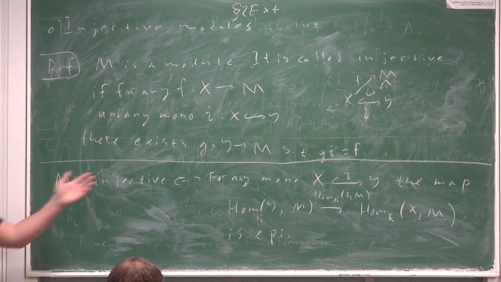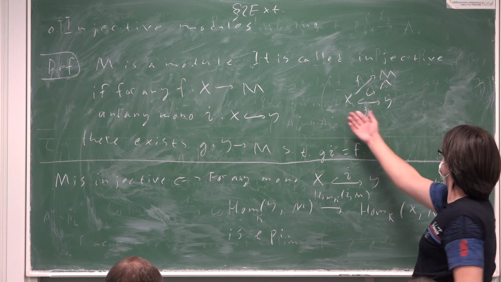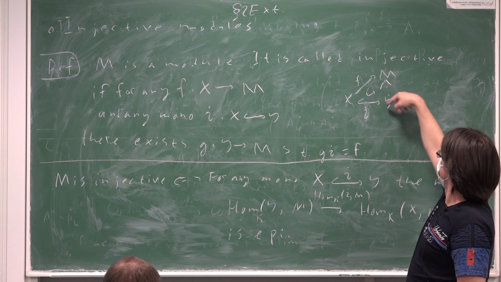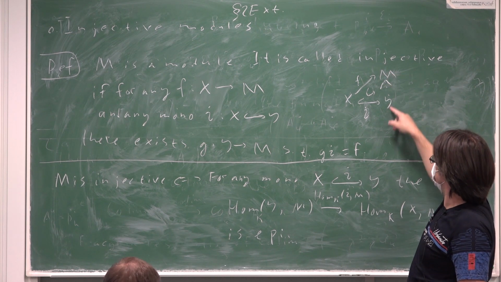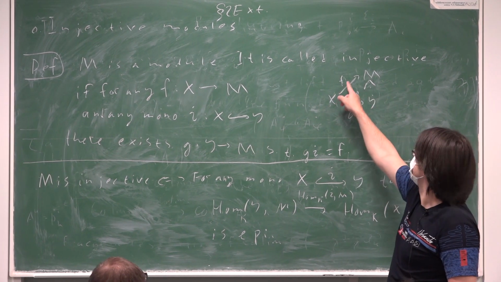Yes, it is exactly the definition that if you have monomorphism, then for any map f from X to M, there is a map from Y to M such that Hom_R(iota, M) of this map is exactly f.